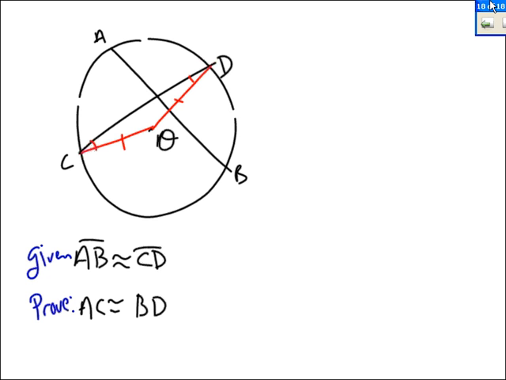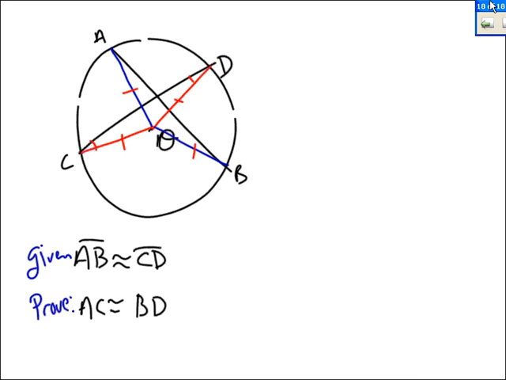Now, when it comes to AB, I can do the same thing. I can go like this, and I can go like that. And AO and BO are the same as OC and OD.